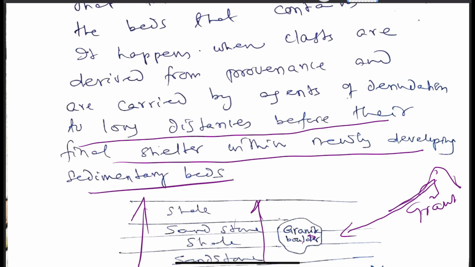That's why it does not have any genetic connection with the sedimentary beds, because of which it can be said that it was existing before the deposition of sediments and it has been brought from the source area to this site of sedimentation, and it must be older to the sequence of beds that contain it.